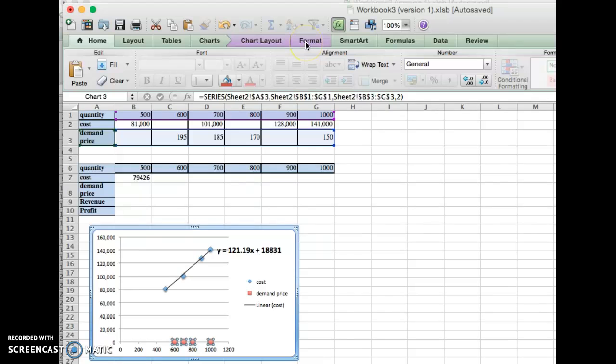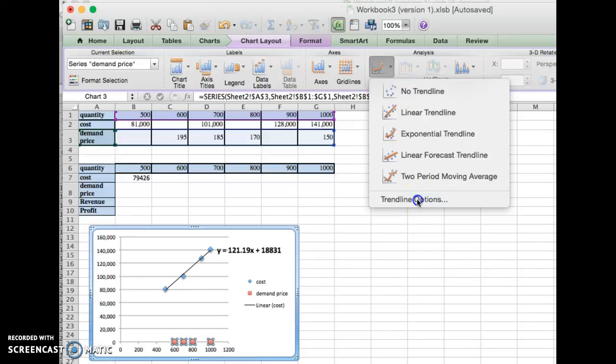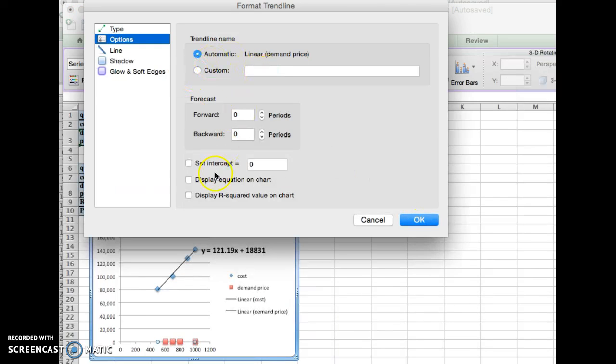Demand price is going to be similar. So I'm going to go and now highlight my demand price data set, all of the red points. I will do the trend line again. It is still on linear. Display the equation.